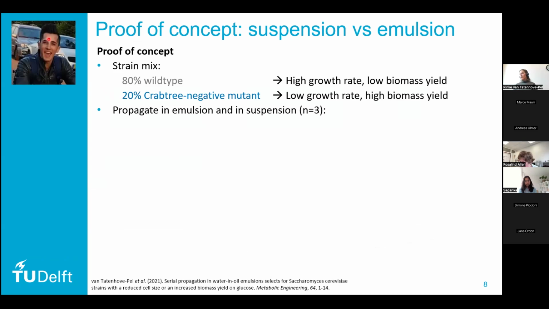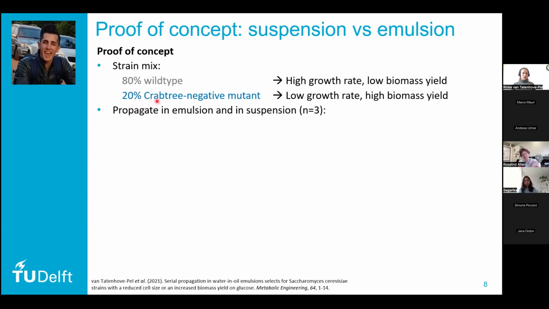I always like to start with proofs of concept because you already know upfront what is expected to come out, and you can also test your experimental system. So what we did is we made a mixture. 80% of the cells were wild types, and these wild type Cerevisiae strains have a high growth rate and a low biomass yield.